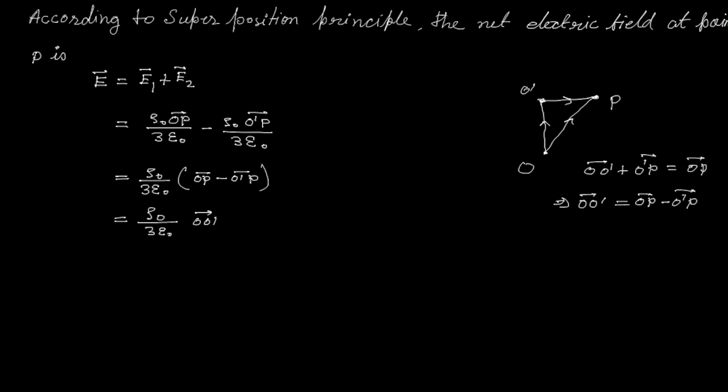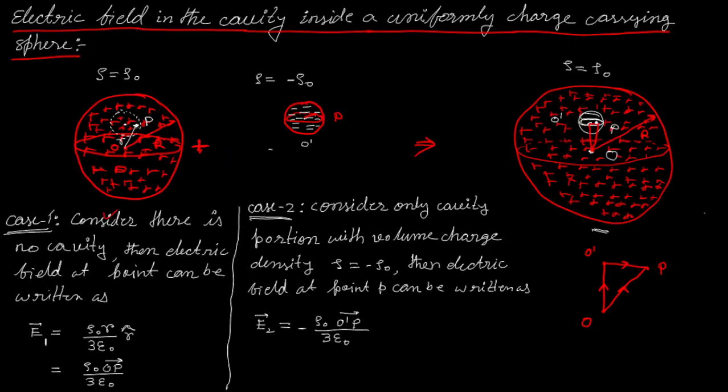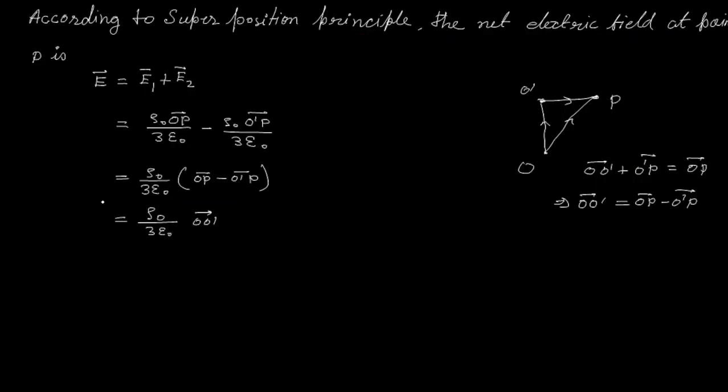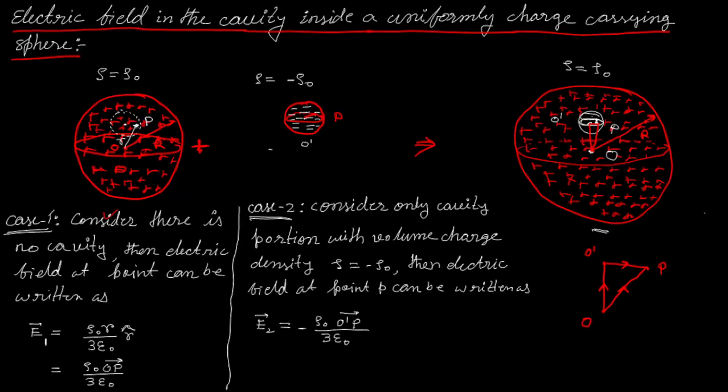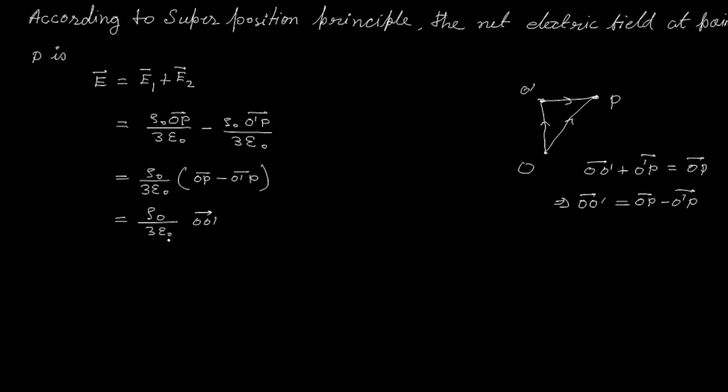So the electric field inside the cavity, at an arbitrary point P anywhere in this cavity, does not depend on the position of P inside the cavity. It depends only on the distance between the center of the cavity and the center of the sphere, but not on P. So at any point inside the cavity, the electric field will be rho naught divided by 3 epsilon naught times OO dash.